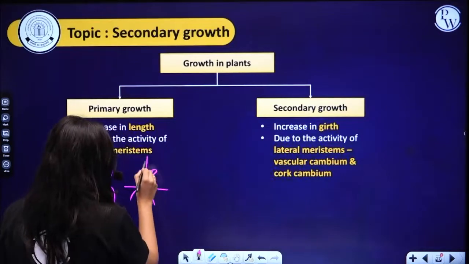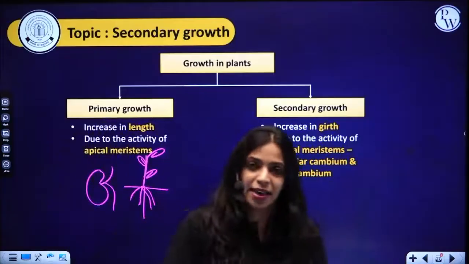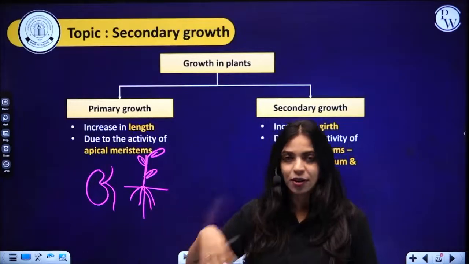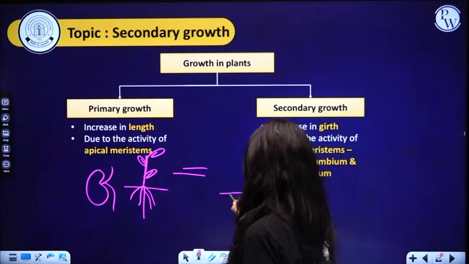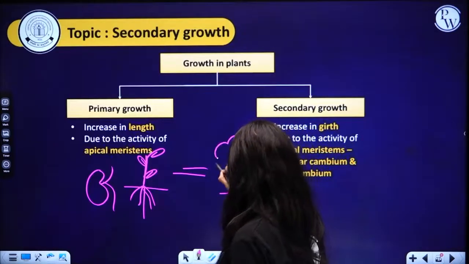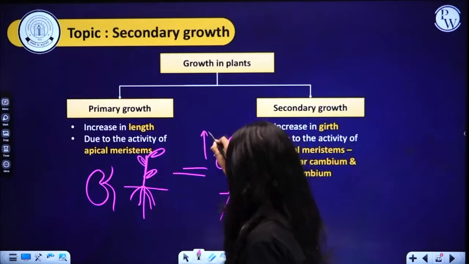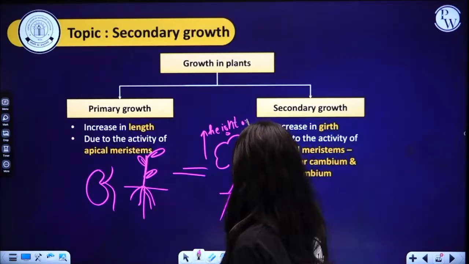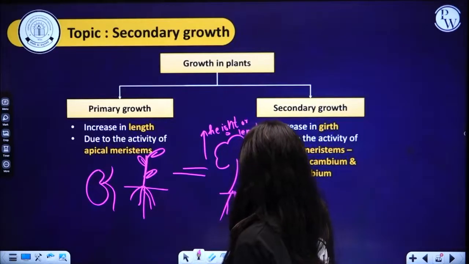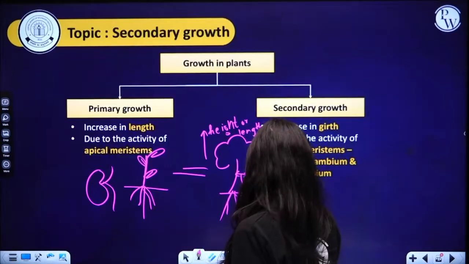Now this plant will have initially a very thin herbaceous stem, and then it grows into a short plant. Over the course of time, if this plant has to become like a mango tree, then two things are happening. It is increasing in height or length, and the stem is also increasing in girth.